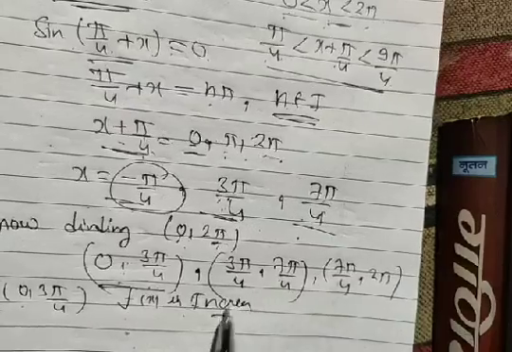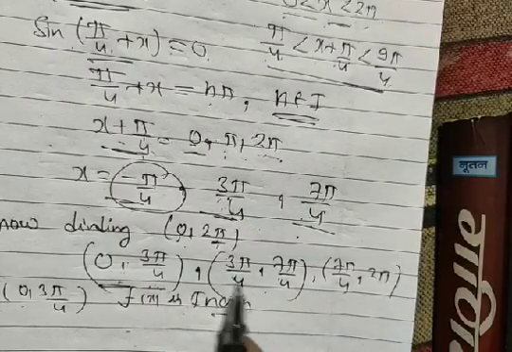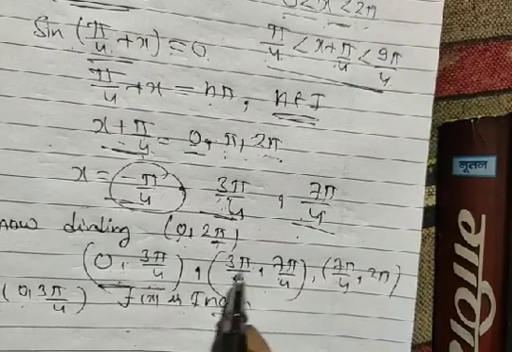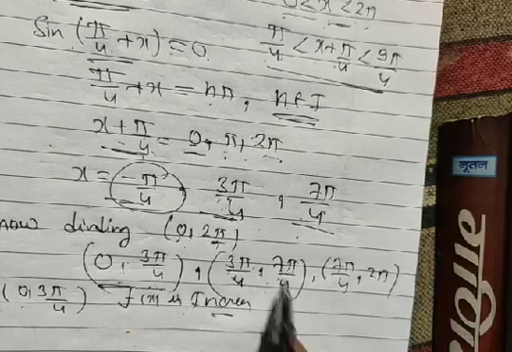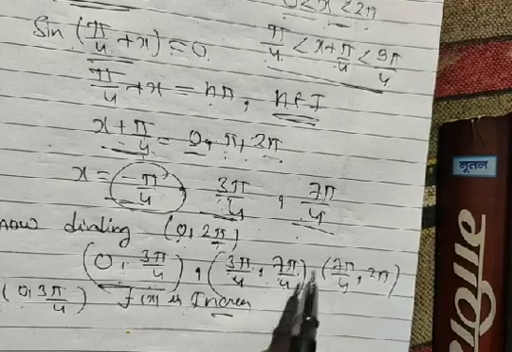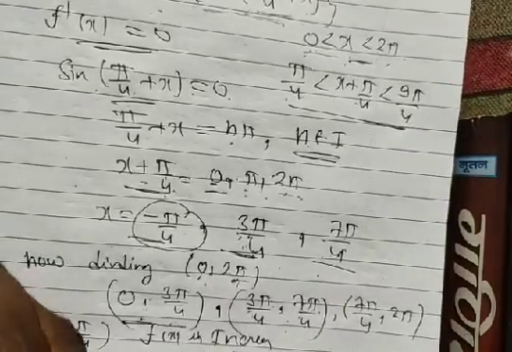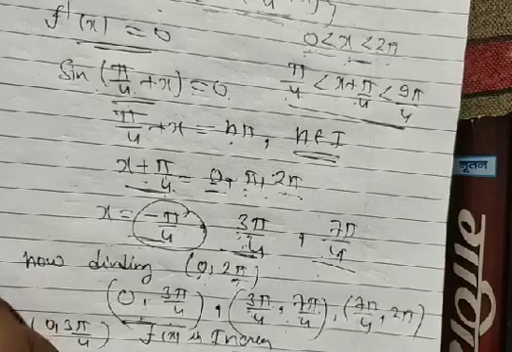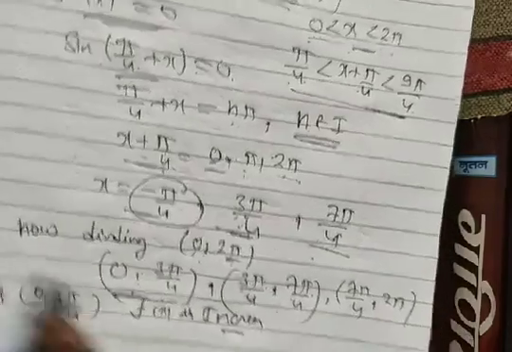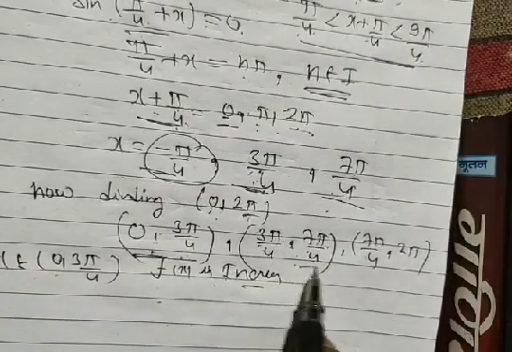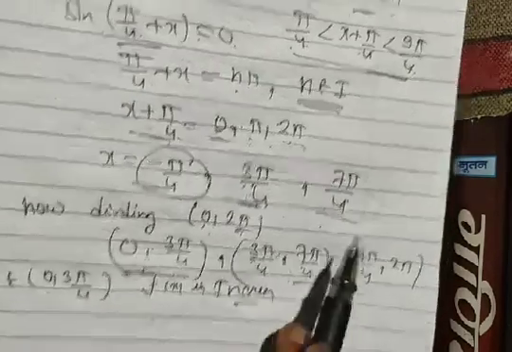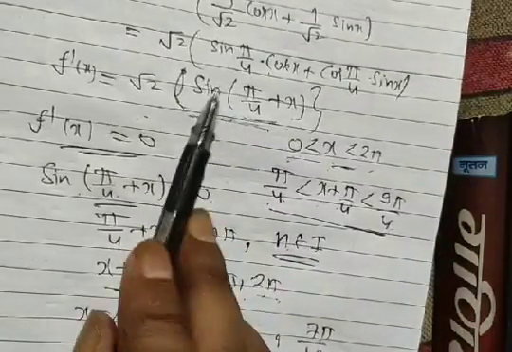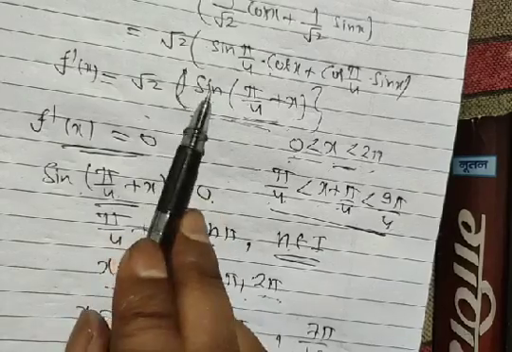Now we discuss 3 pi by 4 to 7 pi by 4. 3 pi by 4 is 45 into 3, and 7 pi by 4 is 45 into 7, which is 315. When our point is between 180 plus theta, the sine has a negative sign there.